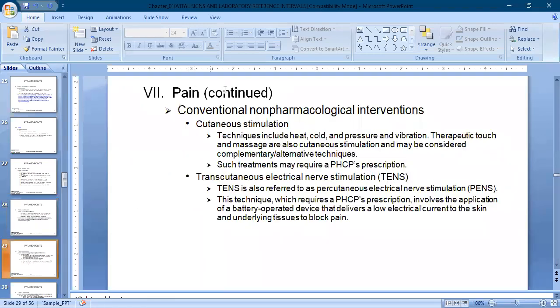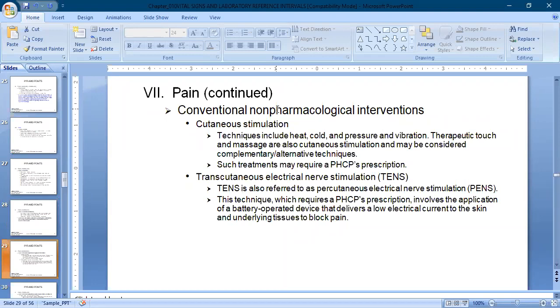So now let's go to a little more non-pharmacological management of pain. This is important, so I'm just going to focus on pain management here. This is called non-pharmacological pain management.